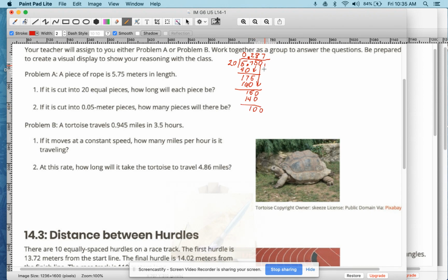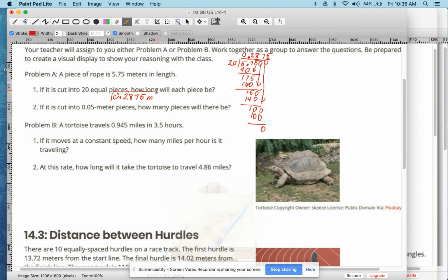Bring another 0 all the way down. Because remember, it doesn't matter how many zeros we add after the decimal. It doesn't change the value of the dividend up here. 20 goes into 100 5 times, and finally we're done. So if that length of rope is cut into 20 equal pieces, each piece will be 2,875 10,000ths meters long.